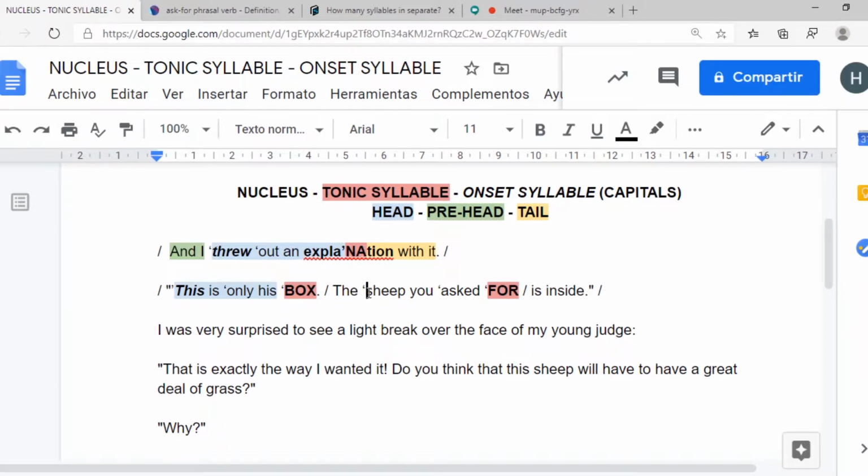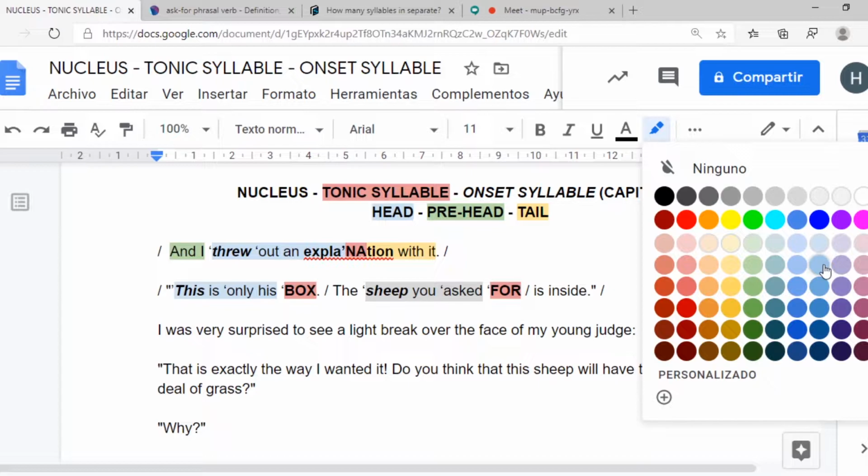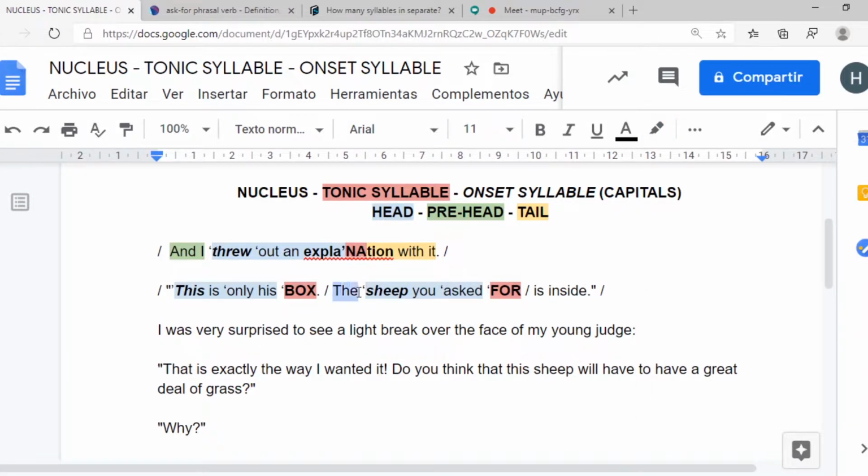As this is my first stressed syllable, this will be my onset syllable. And from the onset syllable up to the tonic syllable, I have my head. Then I have this unstressed syllable before the first stressed syllable, so this will be my prehead.